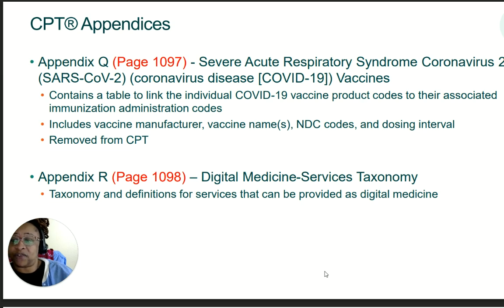This includes vaccine manufacturers, vaccine names, the NDC numbers, dosages, and the removed CPT codes that are no longer used. Appendix R is for the digital medicine services taxonomy, with taxonomy and definitions for services that can be provided as digital medicine. It will have all of those details in that particular appendix.